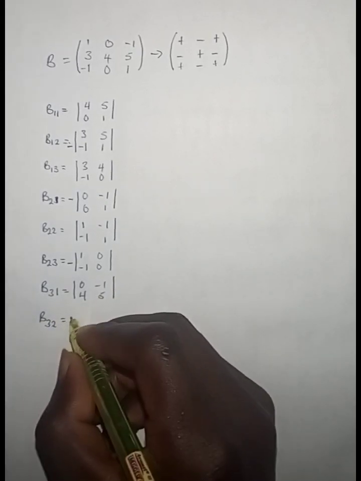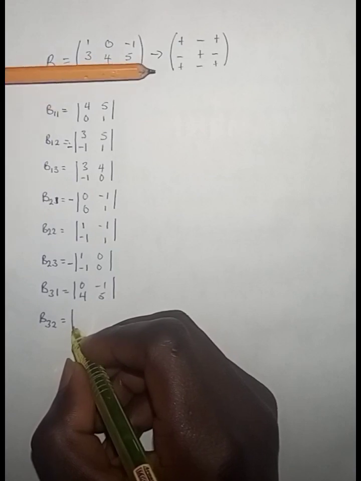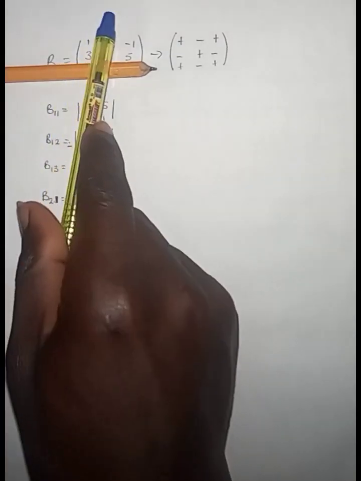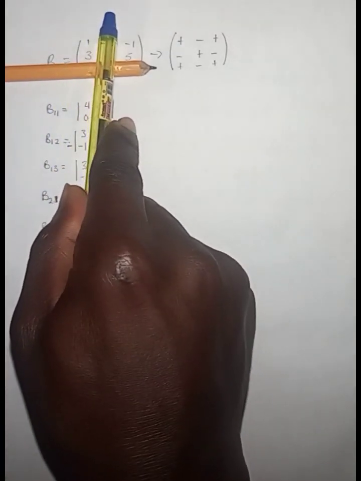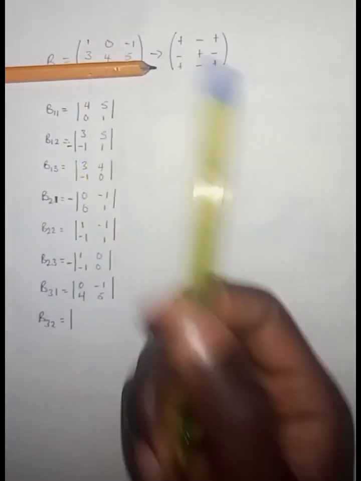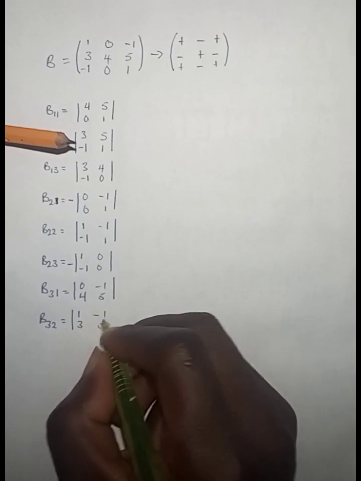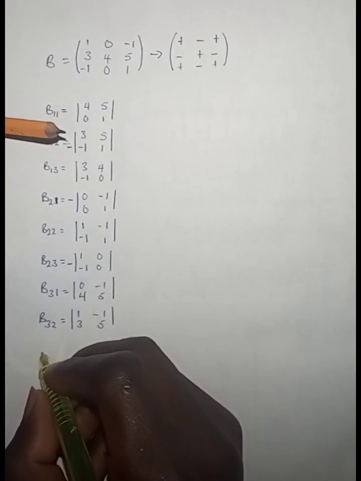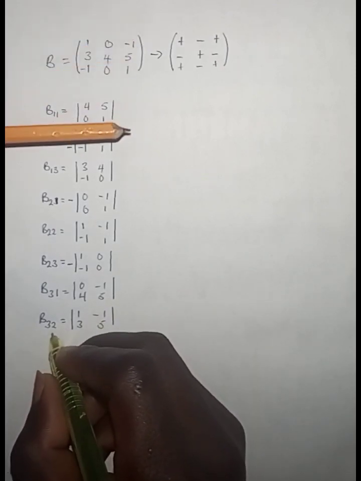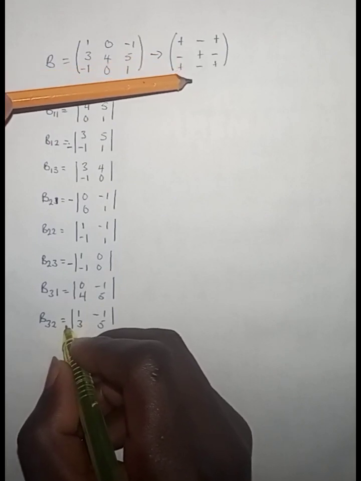B32, block row 3, column 2. We're left with 1, 3, minus 1, and 5. And B32, the sign is minus.